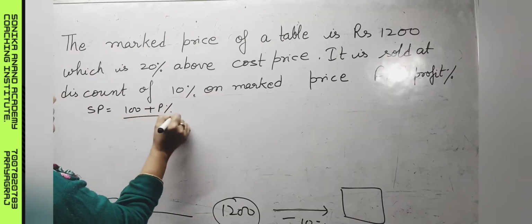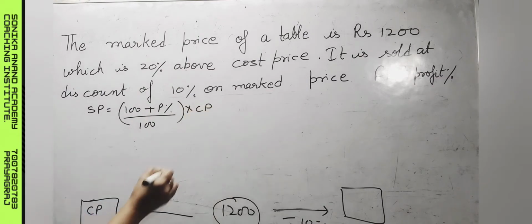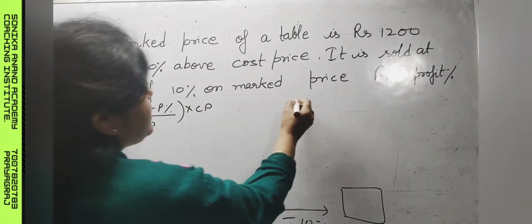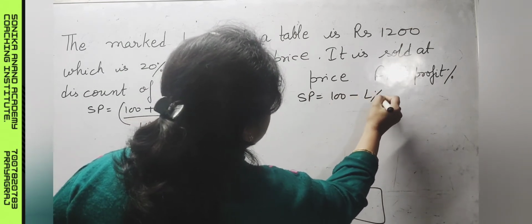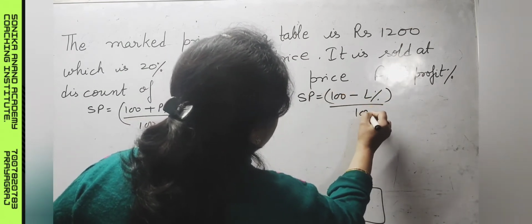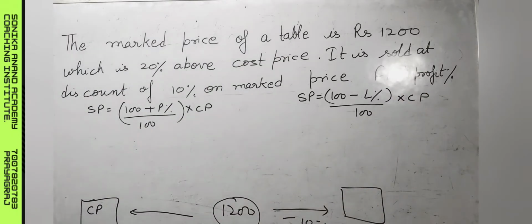Selling price is equal to 100 plus profit percent over 100 into CP when there is a profit. Now when there is a loss, we use the formula 100 minus loss percent over 100 into CP. Now in this case, we have got a profit of 20%. This is the cost price, then this becomes the selling price.